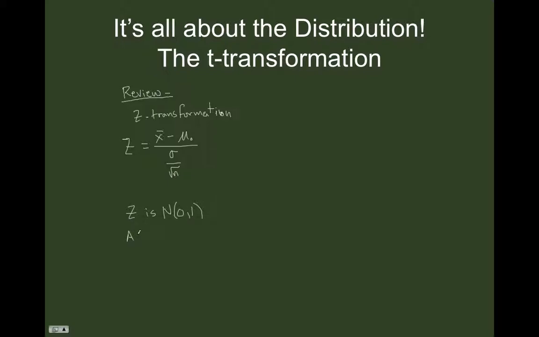So what are the assumptions here? To do a z-test, we need to either know that x is normally distributed, and sigma is known.